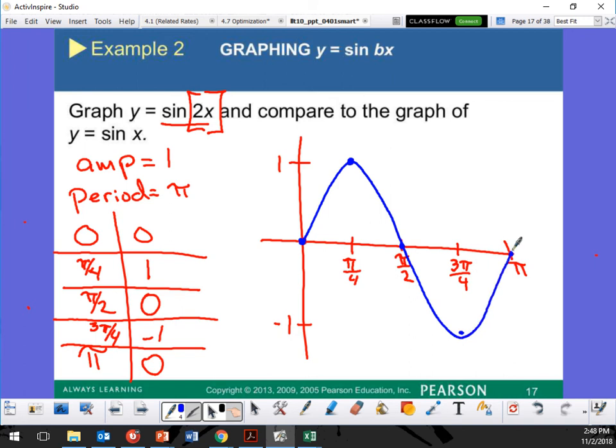I graphed my wave. You messed it up. No, I didn't. I created a nice, pretty sine wave. Isn't there a name for that? A sine wave. No, there's a name for Sonic wave. No. Tidal wave.